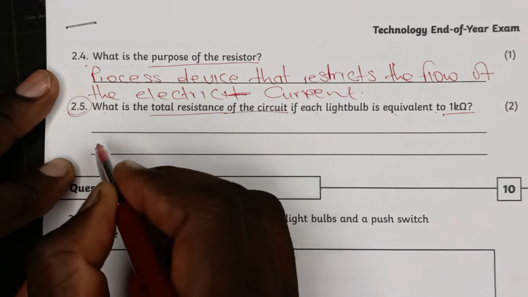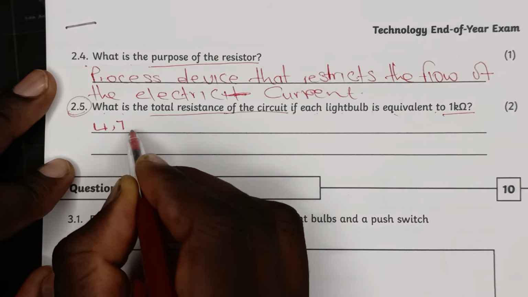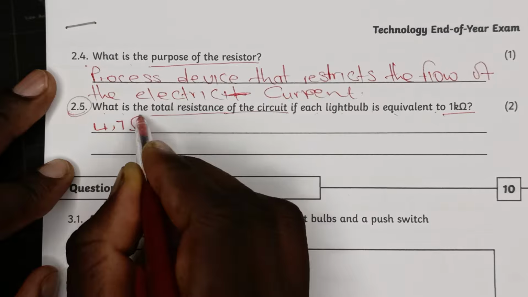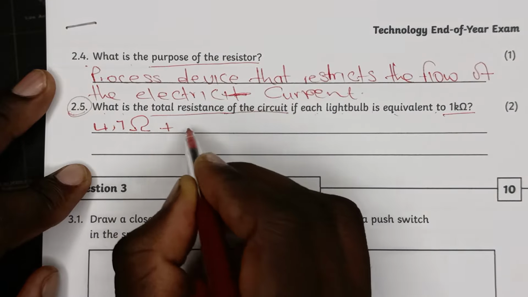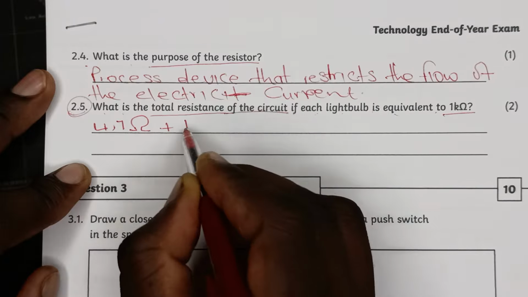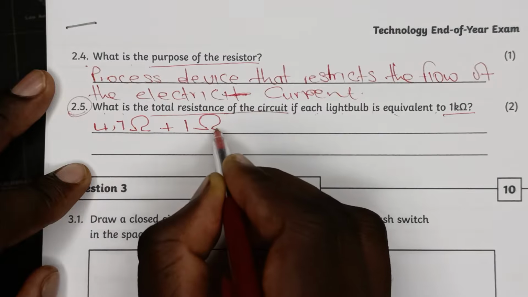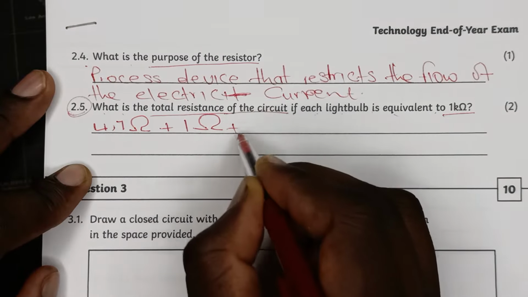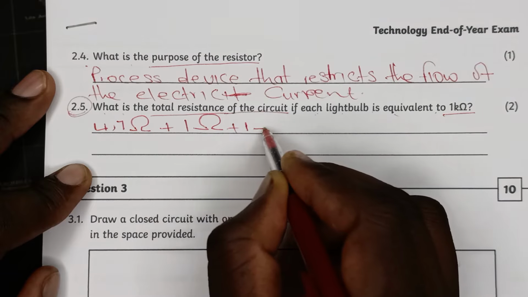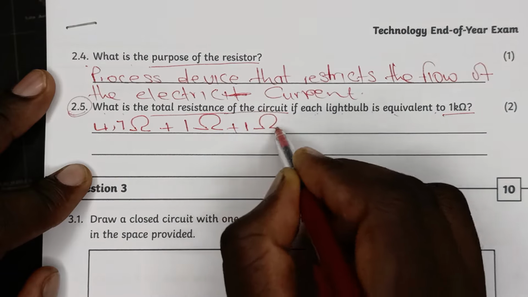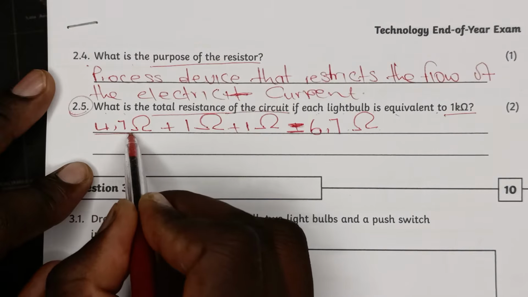So the resistance of the circuit is 4.7 ohms plus 1 ohm plus 1 ohm, because remember that the resistance had 4.7 ohms.